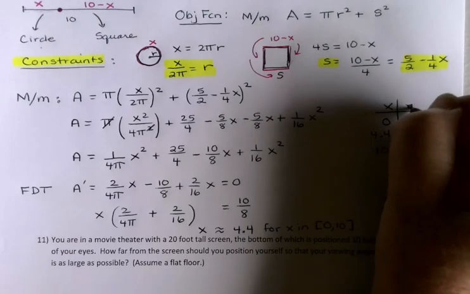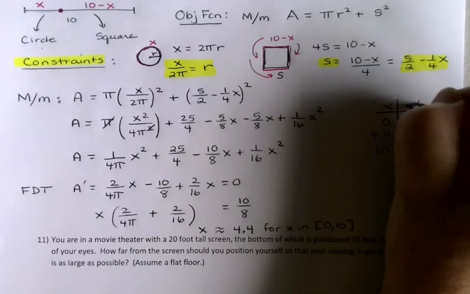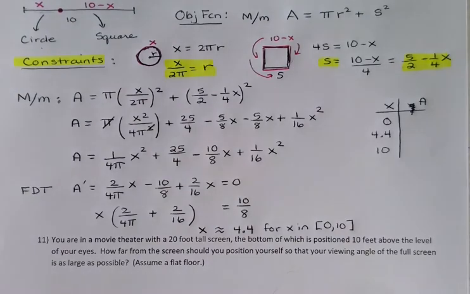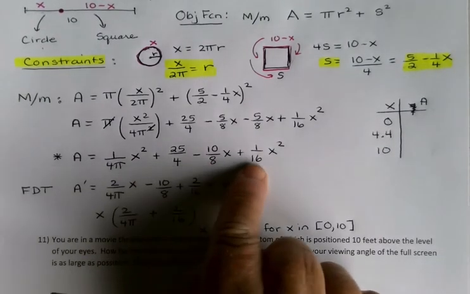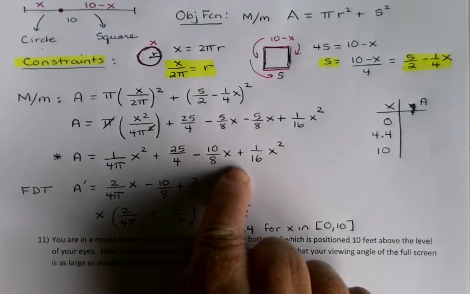And actually, this isn't y, this is actually my area function. So I'm going to go ahead and put the simplest area function I had, I guess, was right here. I'm going to go ahead and put that into my calculator.